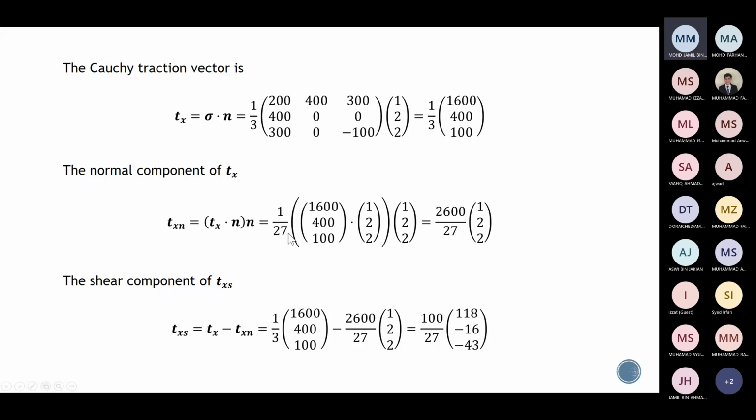The 1 over 27 is basically the coefficient here, 1 over 3 to the power of 3, since there are three terms. When you calculate, you get this answer. Lastly, for the shear component, you just subtract the normal component from the Cauchy traction: Tx minus Txn. So you get the shear traction.